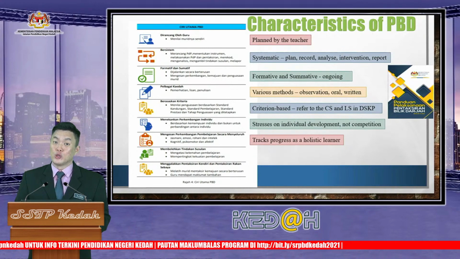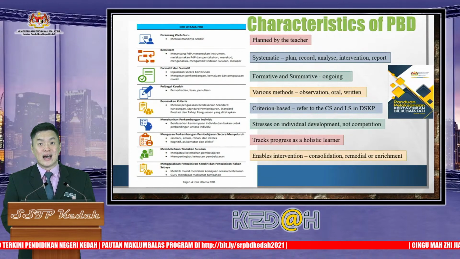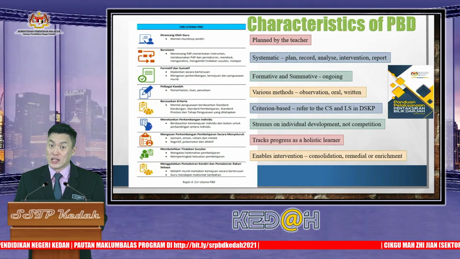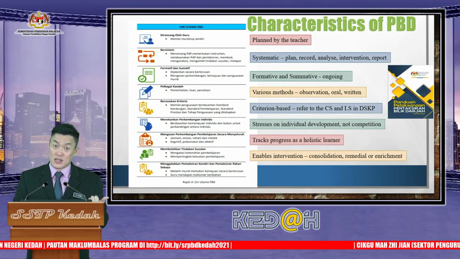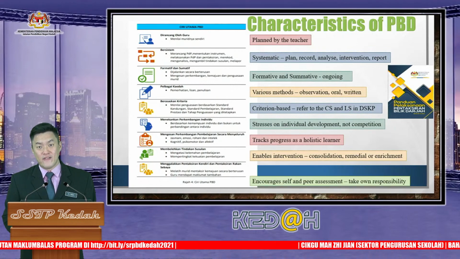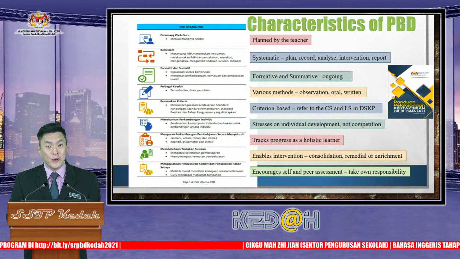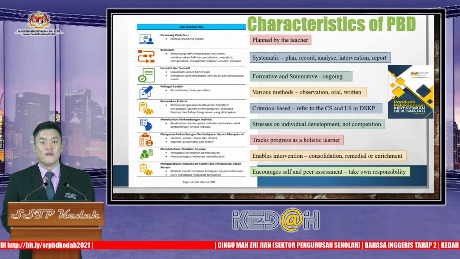PBD helps us to track our learners as holistic learners, and teachers are able to carry out intervention after that, may it be consolidation, enrichment, or remedial. And finally, it encourages self and peer assessment so that pupils will take responsibility for their own learning.